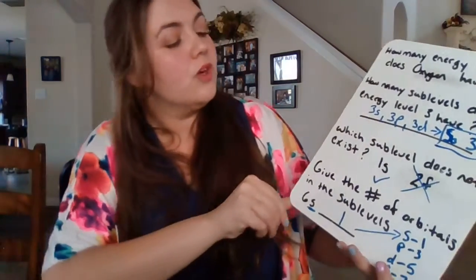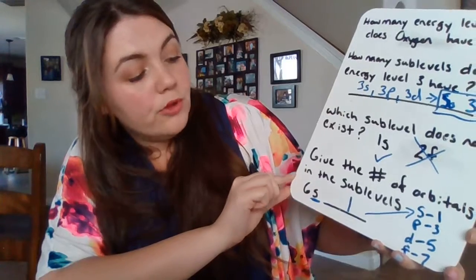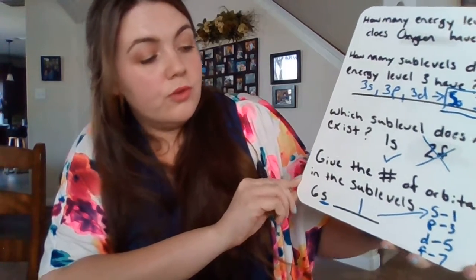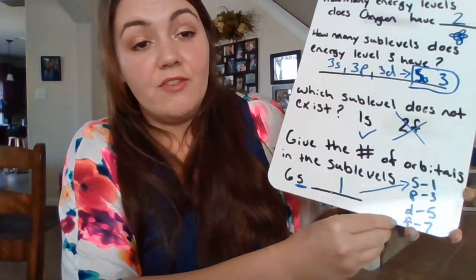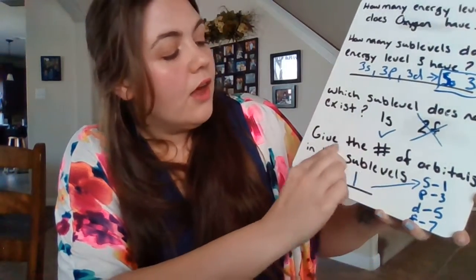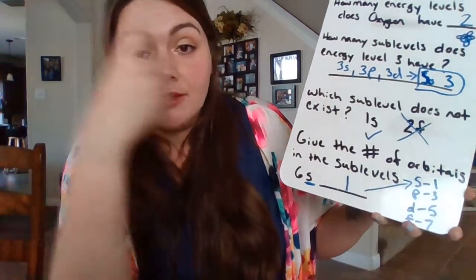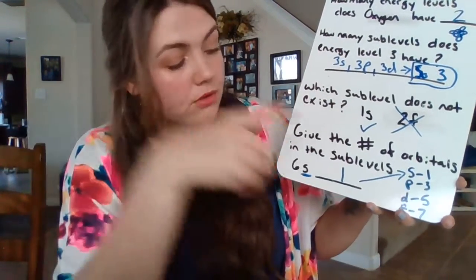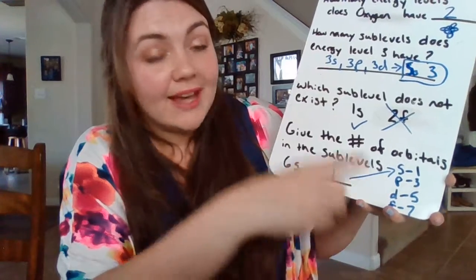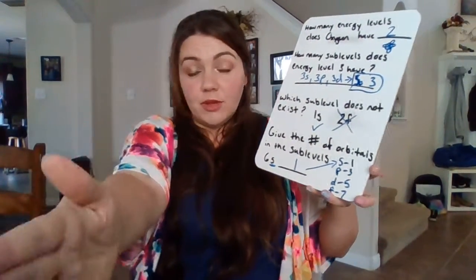Give the number of orbitals in the sublevel. If you have it memorized, it's easy. Or if you have your notes out, it's easy. S always has 1 orbital, 1 sphere. P always has 3 peanut shapes, in the x, y, and z planes.